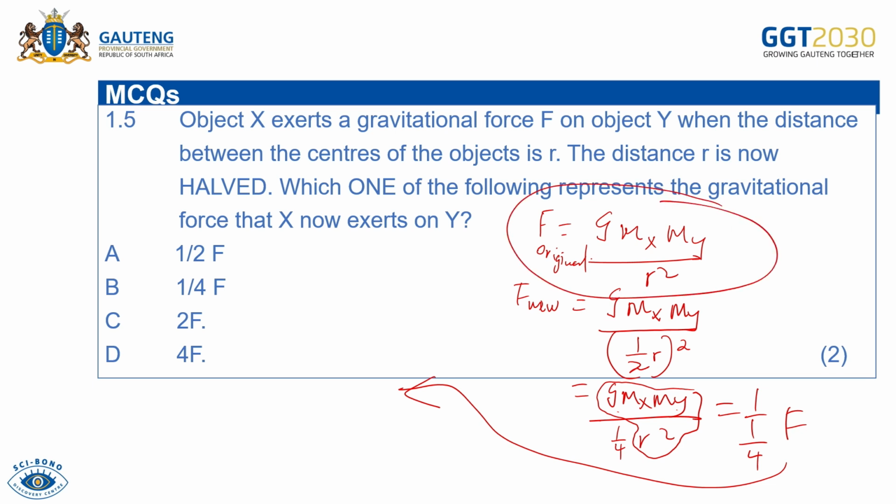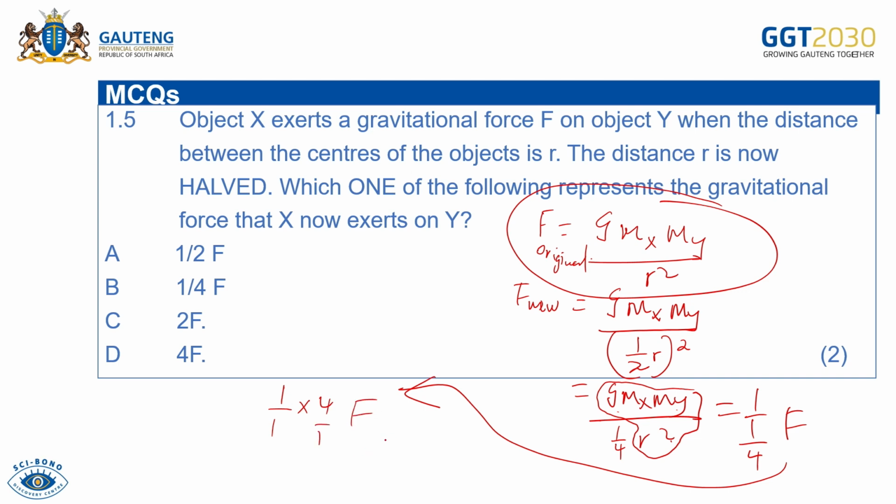From here: F is G Mx My over R squared. What about new F? It is G Mx My over half R, because the distance is now halved, but all squared, which is G Mx My over 1 over 4 R squared. Then G Mx My over R squared is equivalent to F original, which is just F. So I'm having 1 over 1 times 4 over 1 F.